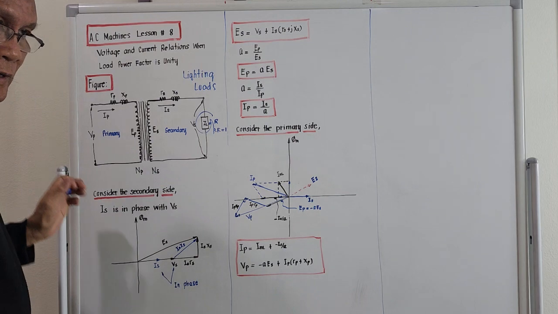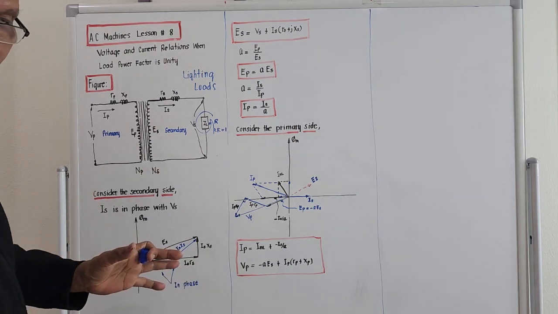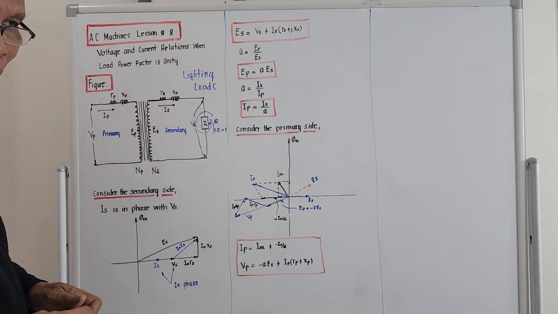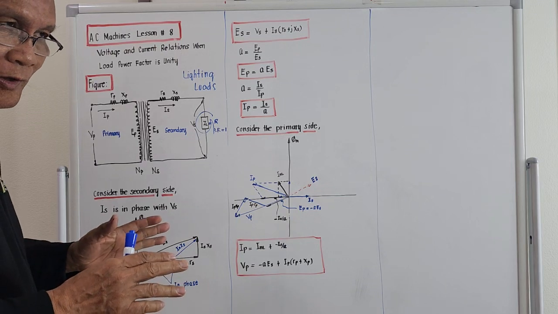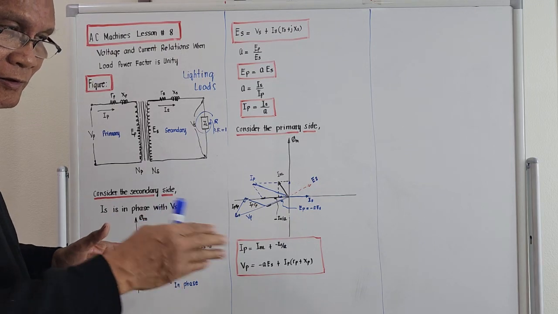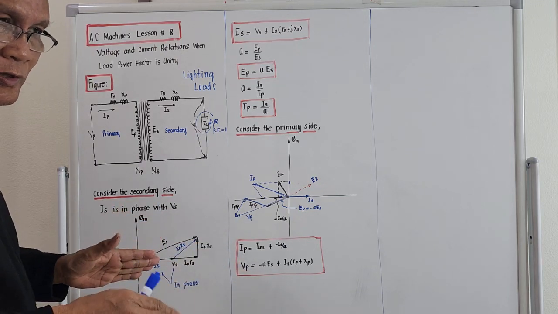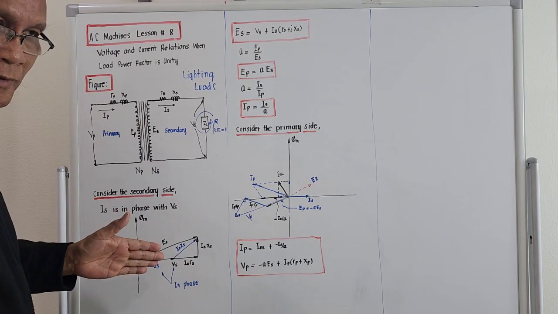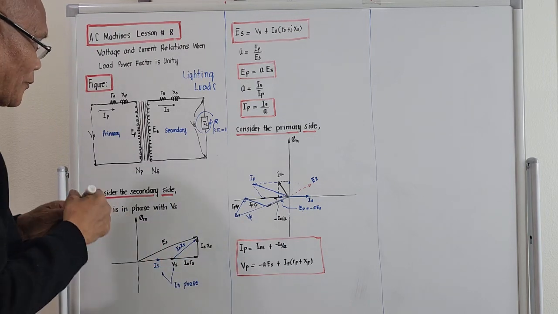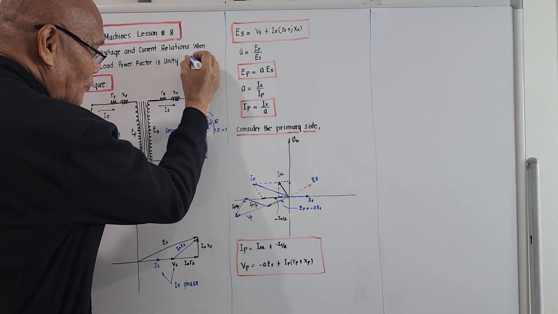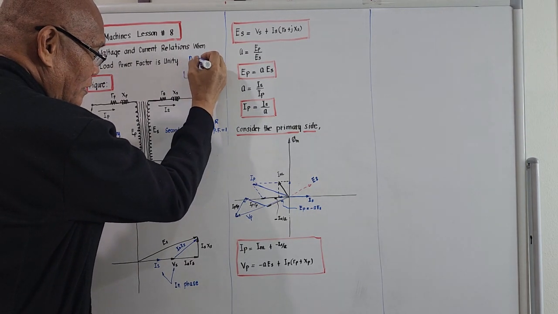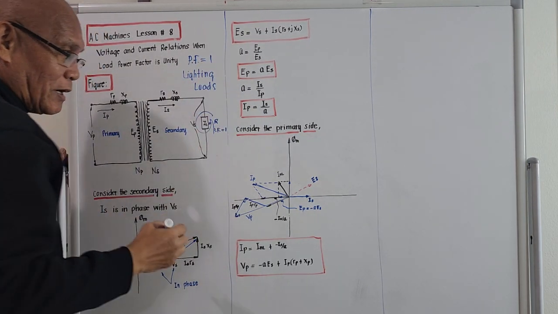Under the study of AC circuits, if the load is just a pure lighting load, it is considered a pure resistive load, right? So the power factor is unity, therefore power factor is equal to 1.